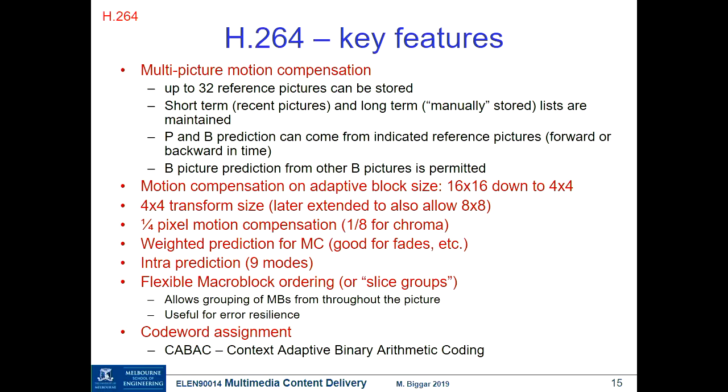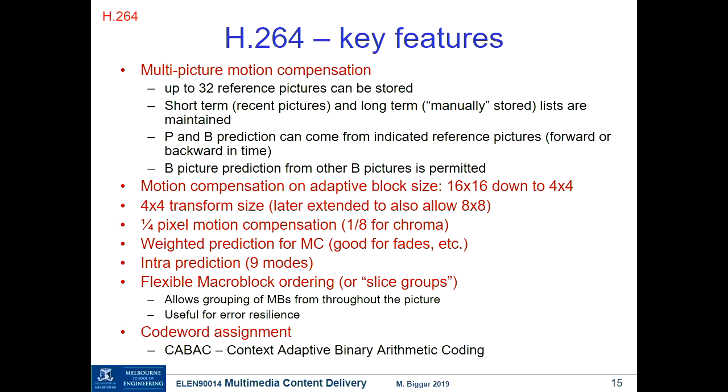But of course, all of this flexibility sounds very good. If you have the ability to store any number of frames or a selection of frames in these reference picture collections, then it can only improve your likelihood of being able to do good predictions and therefore reduce the bit rate.